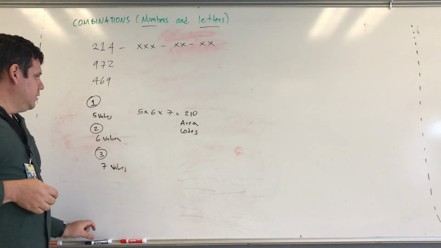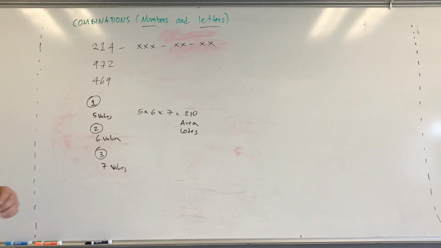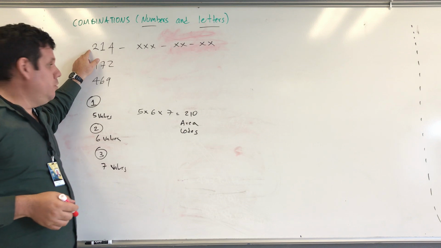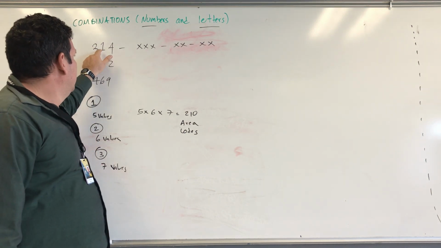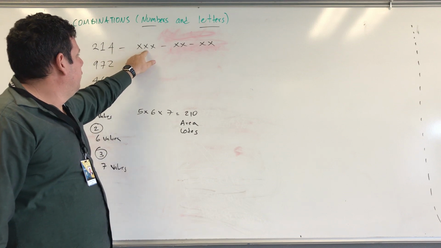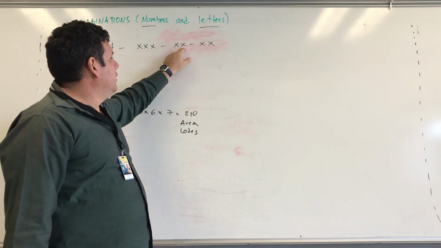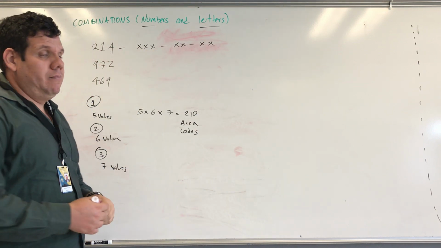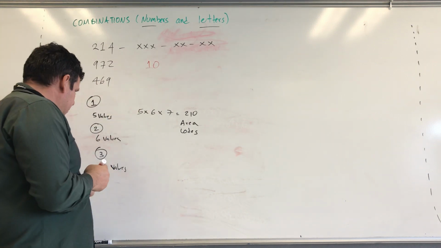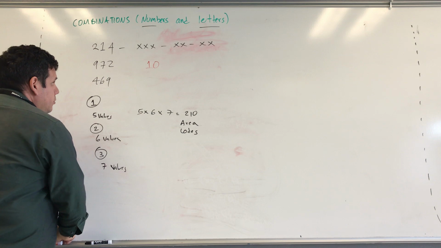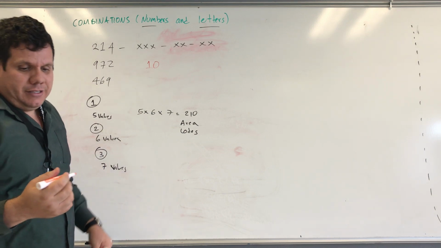Okay, to solve this, please keep in mind that per digit you have 10 possible values. Let's count all the digits. 1, 2, 3, 4, 5, 6, 7, 8, 9, 10. I have 10 values from 0 to 9, and I have 10 digits.